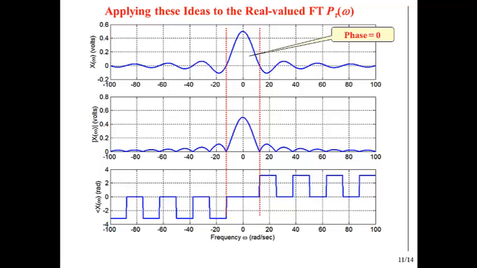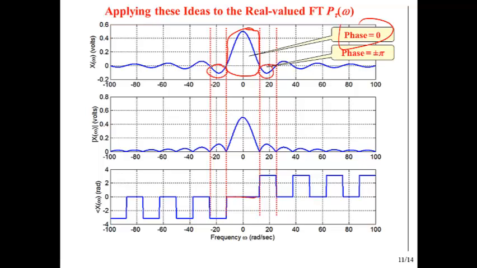Inside those two vertical red lines, the original function is positive, and a positive real number has a phase of 0. So in that region we plot a phase of 0. But in the next regions, in this region here and this region here, the function goes negative, so a negative real number has a phase of either plus or minus pi.